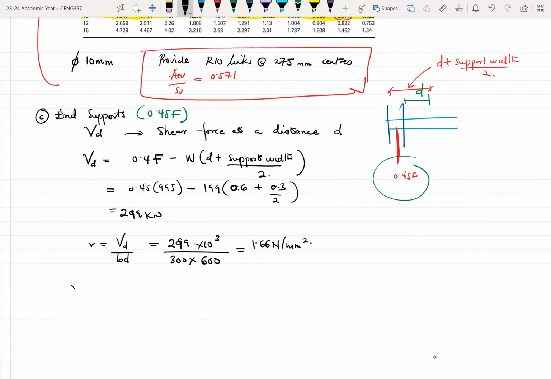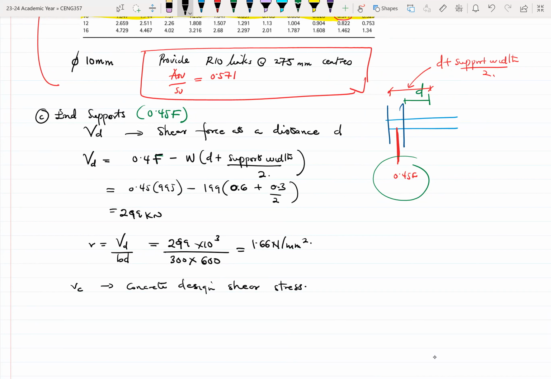Now we need to find the VC, which is the concrete design shear stress. All right, so VC is the concrete design shear stress.